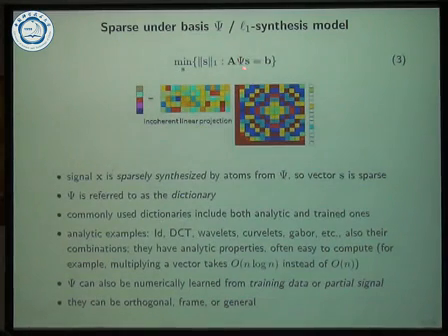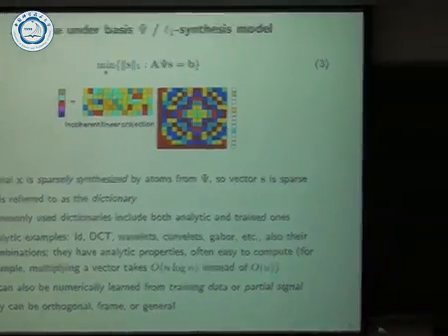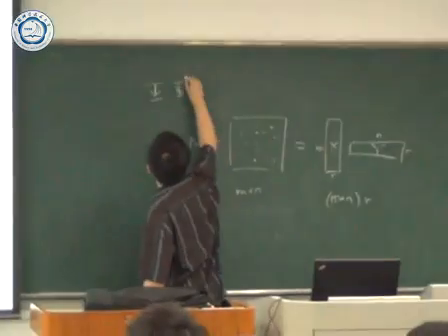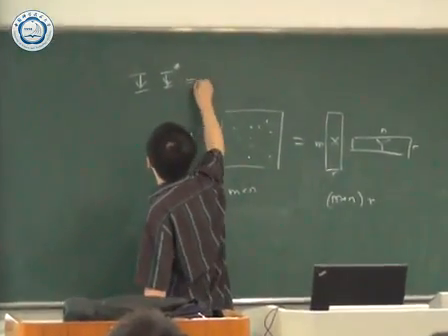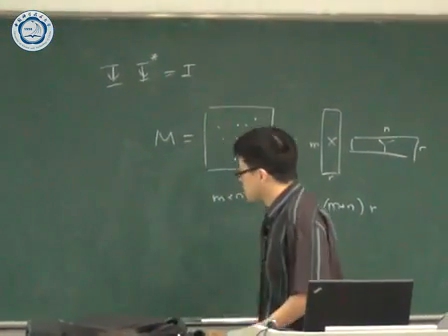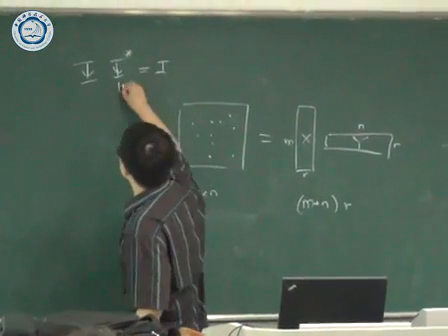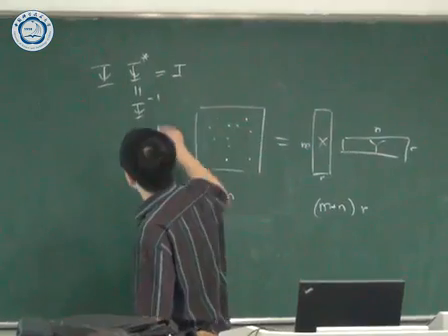If this psi is an orthogonal matrix, or Hermitian, or unitary matrix, it means that psi transpose, or conjugate transpose, equals the identity. So actually, this one equals the inverse of psi.